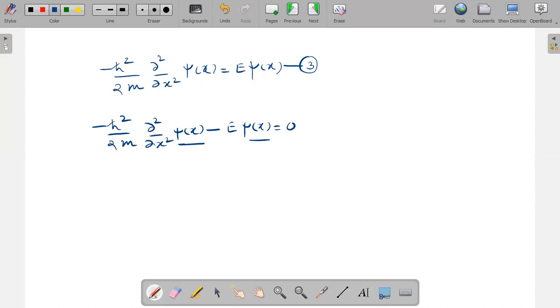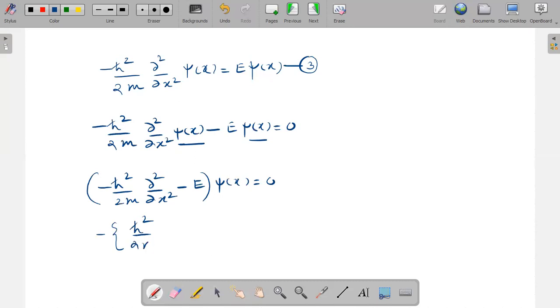Taking psi of x common, we can write minus h cross square upon 2m, delta square upon delta x square minus E, in brackets, acting on psi of x equal to 0.